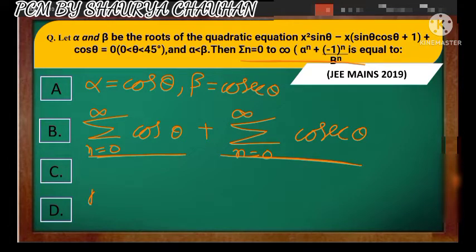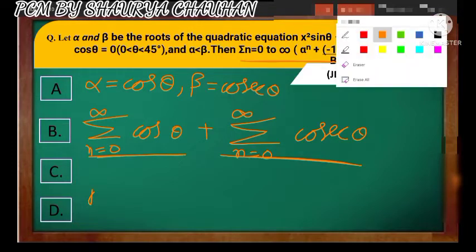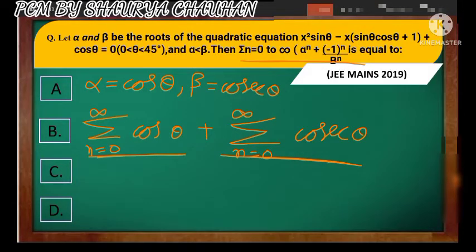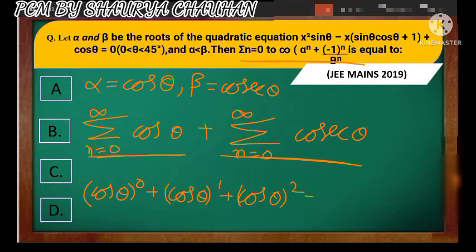1, because cos theta power 0 is 1. You can also write it this way: cos theta power 0 plus cos theta raised to power 1 plus cos theta raised to power 2 and so on to cos theta raised to power infinity.